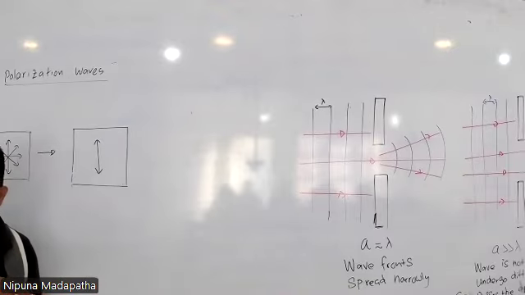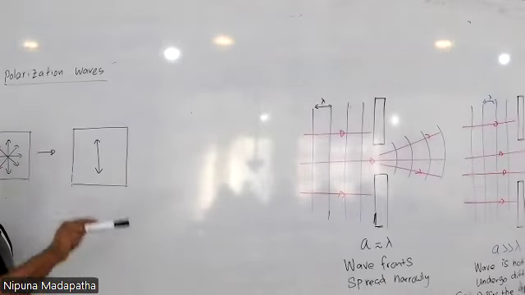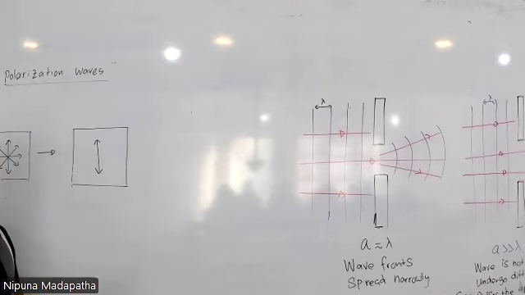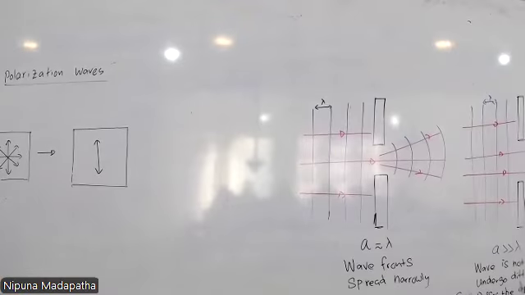Then polarization means we limit the oscillation planes of the string to only one plane, right? That will reduce the kinetic energy of the string. That means the energy of the wave reduces. Due to polarization, intensity and energy reduce.